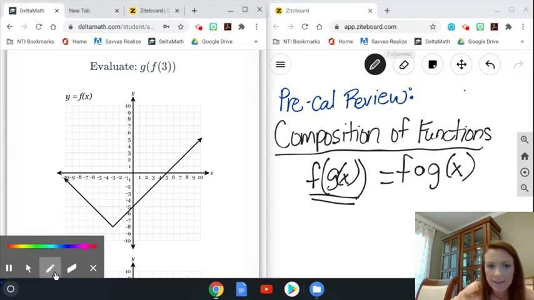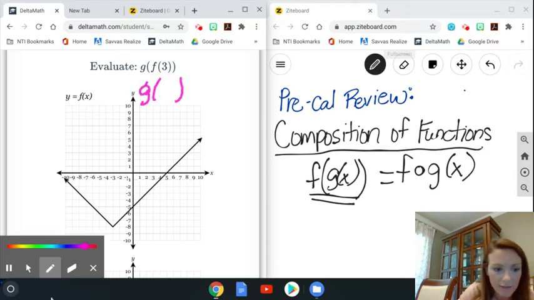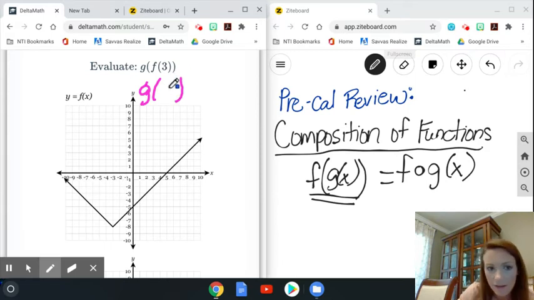So what that means is that I need to first find g of, and then f of 3 is going to be on the inside. F of 3. So what you need to do first is find f of 3.